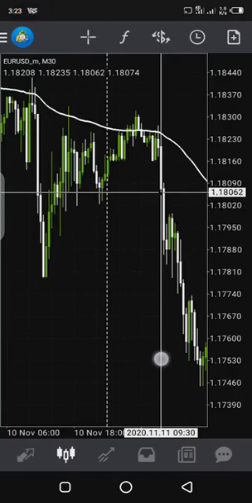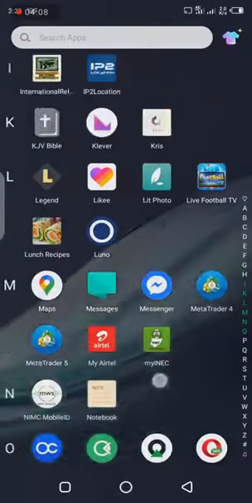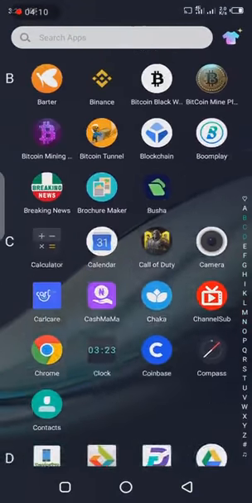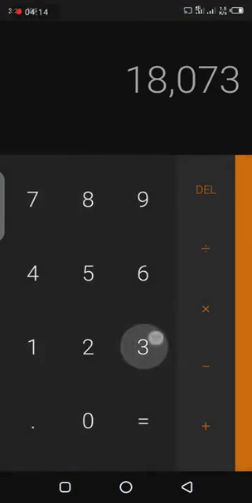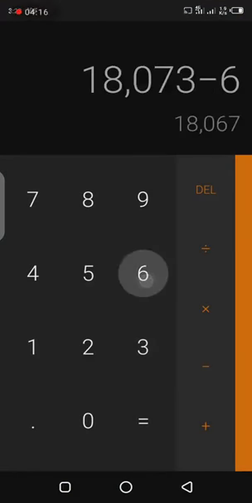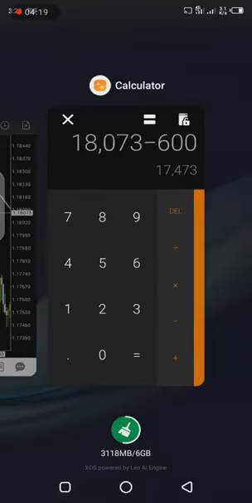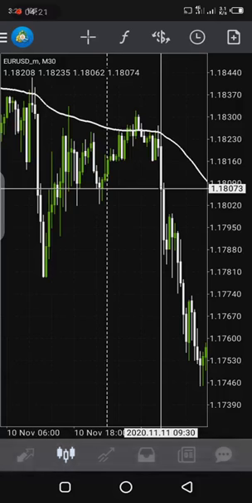Let's see. 18073 minus 60 pips. Let's do a little calculation: 18073 minus 600 gives 17473.